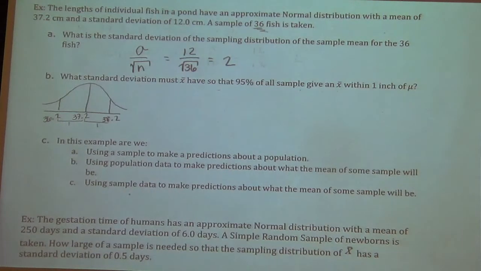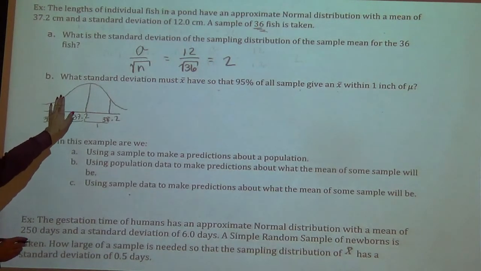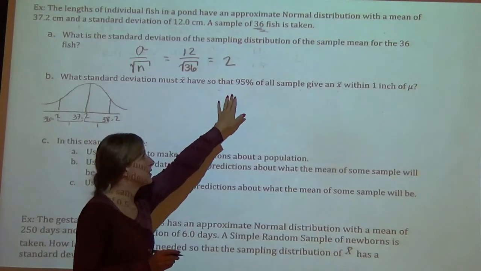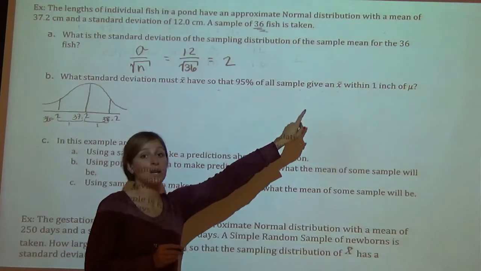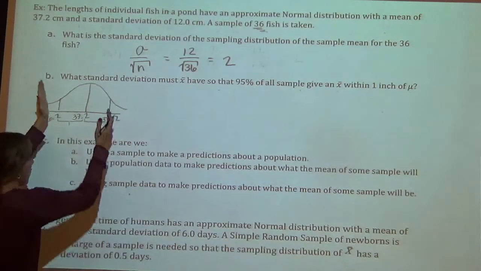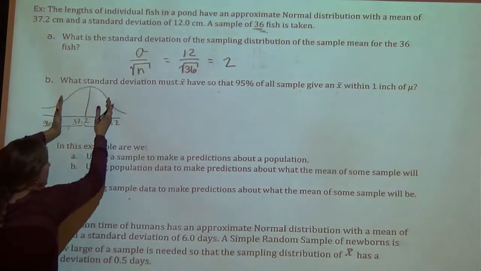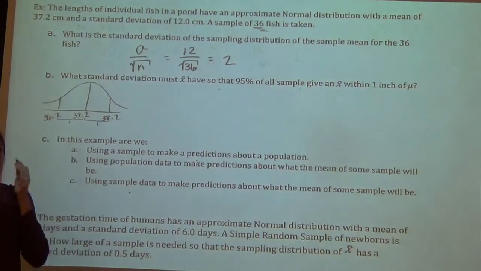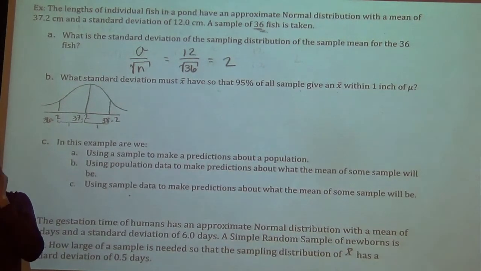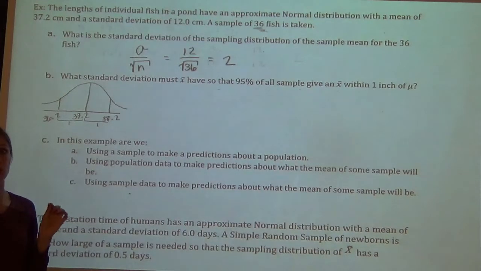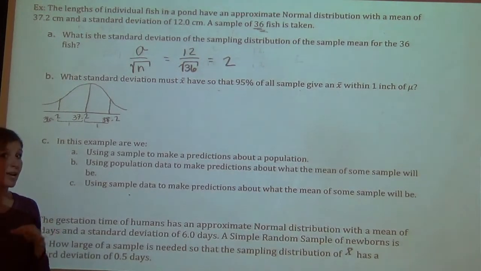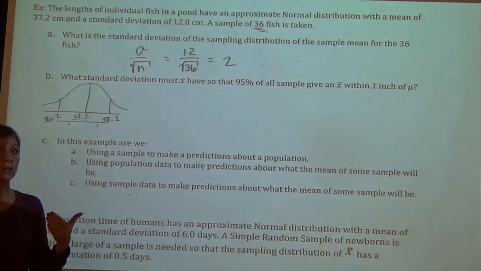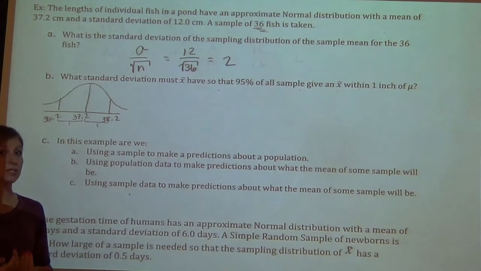Okay, what we want to see is what standard deviation must X bar have so that 95% of the sample means are within 1 inch of the mean. So basically, I want this probability right here, this chunk, to be 95%. Well, if you think back to when we first started the calculations in chapter 11, we looked at just the basic bell curve, and remember that 95% corresponds to approximately 2 standard deviations.